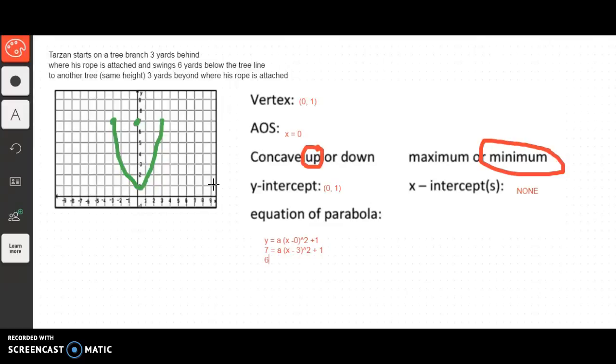I'm going to subtract 1 over and get 6. And I forgot to plug in the x, which is 3. Oh, I plugged it into the wrong spot. So, whoopsies. All right, let's start over with that equation.